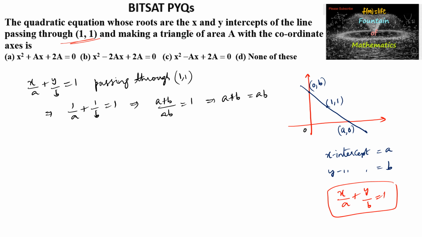Now if this line makes a triangle with an area A units, so area of this right angle triangle OAB is equal to half into mod a into mod b, which is given area A. So we can write capital A is equal to mod ab upon 2.